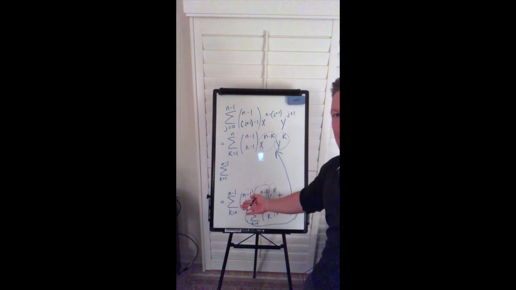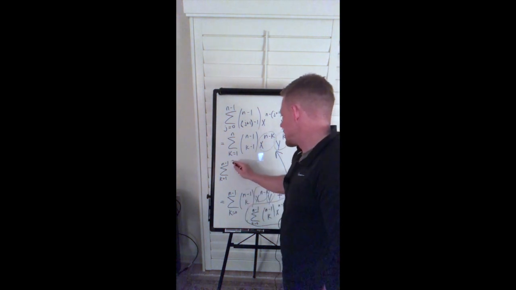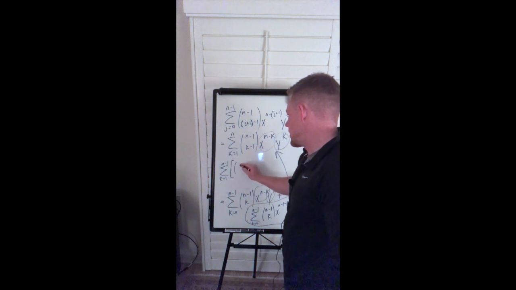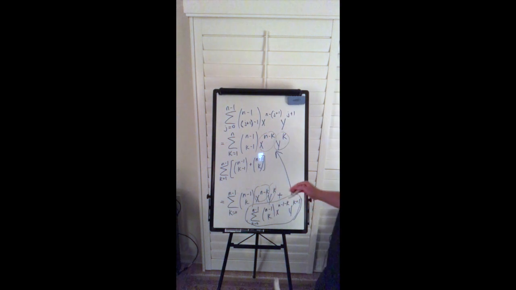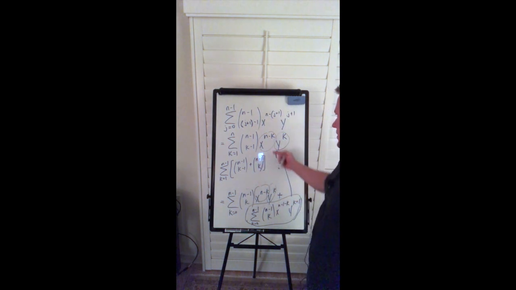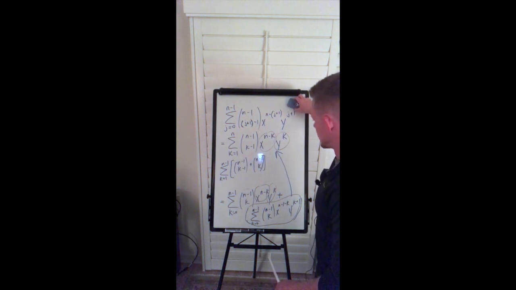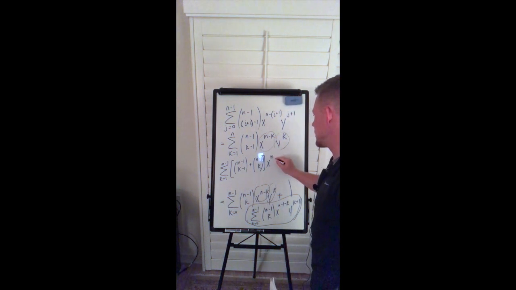Those are the pieces that overlap in the sums of n minus 1 choose k minus 1, plus n minus 1 choose k, times, there's our common factor, x to the n minus k, y to the k.